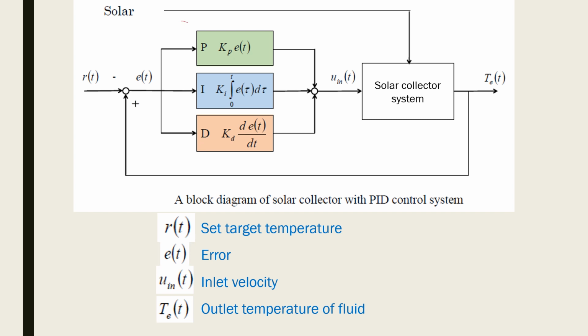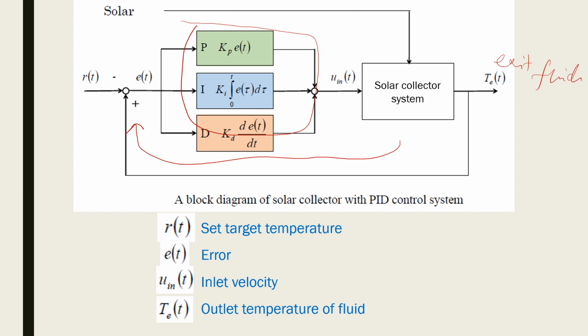So you have a PID controller and you have a feedback loop where it calculates the error of temperature. So this is your exit fluid temperature. So you want maybe 300 Kelvin temperature.